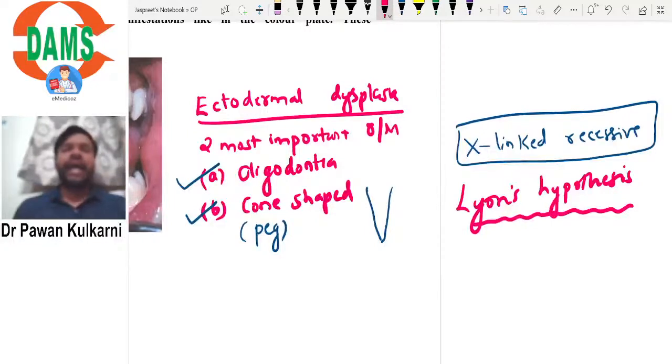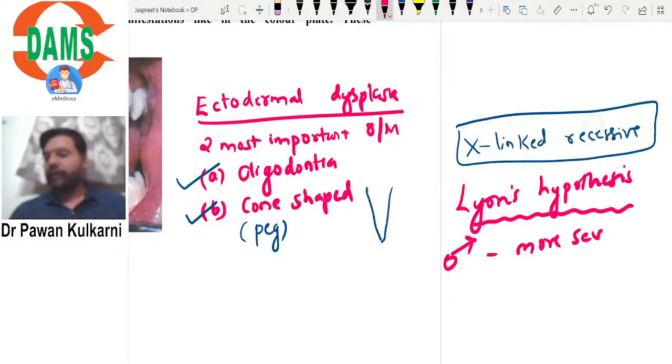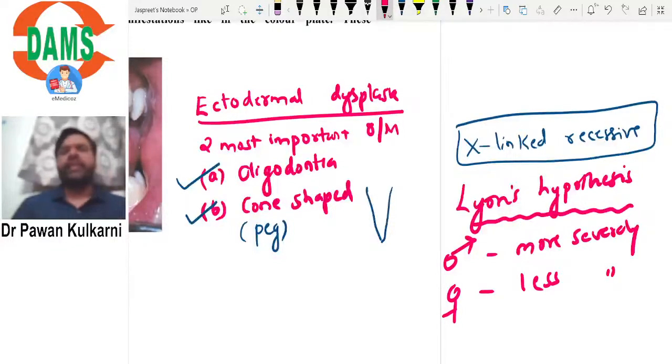Lyon's hypothesis says that males are more severely affected and females are less severely affected by any kind of X-linked recessive disorder. Let it be hemophilia, let it be ectodermal dysplasia, in any kind of X-linked recessive disorder, males will be more severely affected and females will be less severely affected. That is what is known as Lyon's hypothesis or Lyonization.